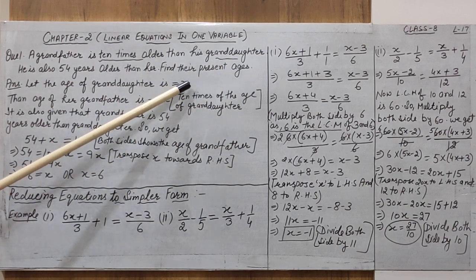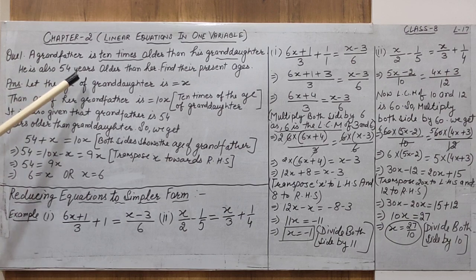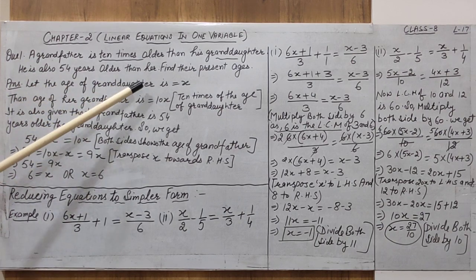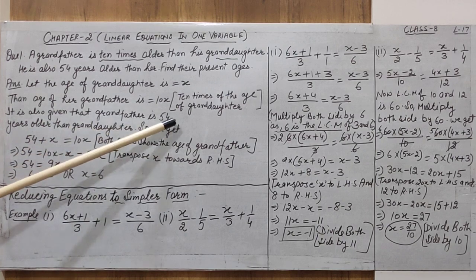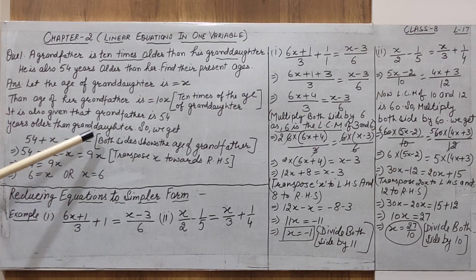If granddaughter age is x, the first condition told that grandfather age is 10 times the granddaughter age, that we have written. But the second condition told that the grandfather age is 54 years older than granddaughter age. So we have to use this condition now.